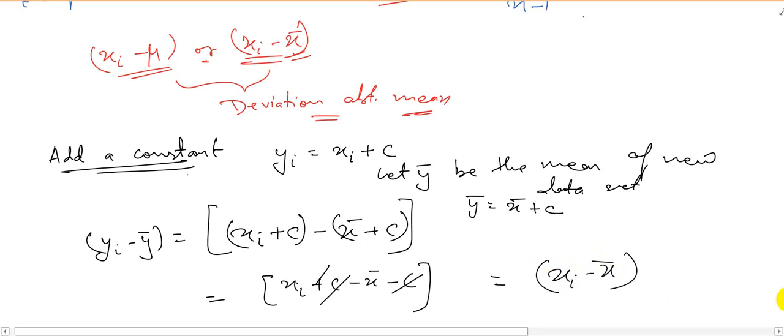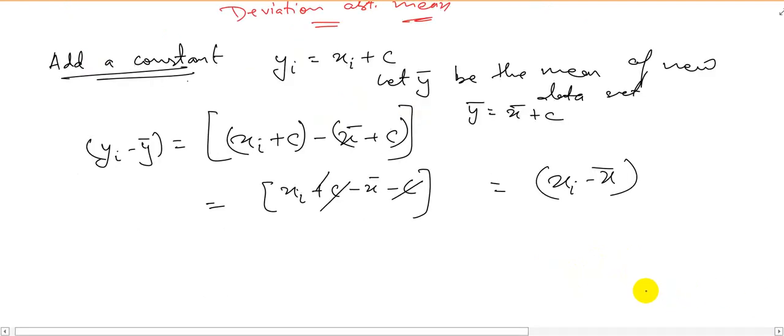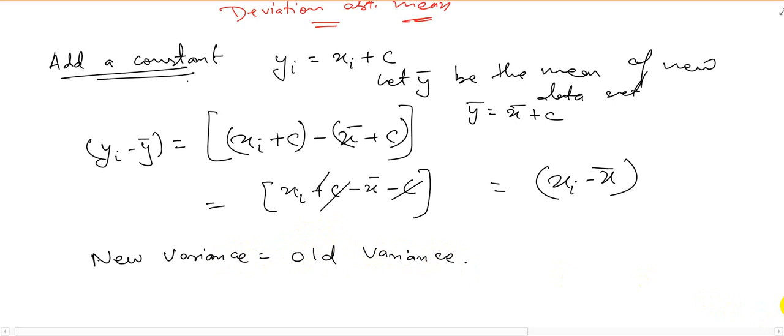So you can see that there is no effect of adding a constant on the variance. So we can say that the new variance is equal to the old variance in the case of adding a constant to all the values.